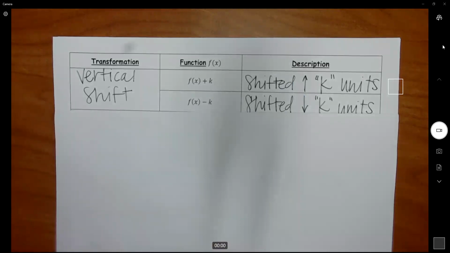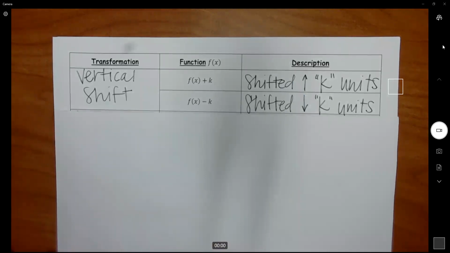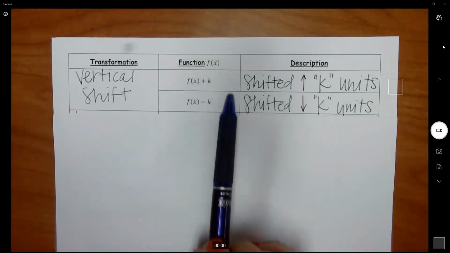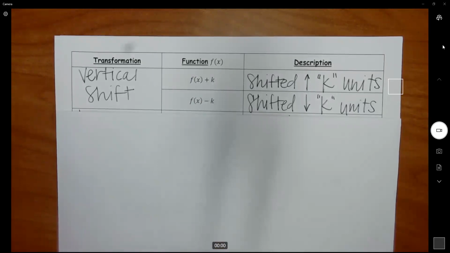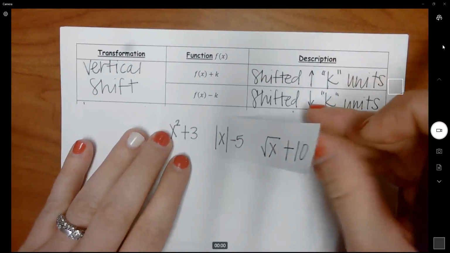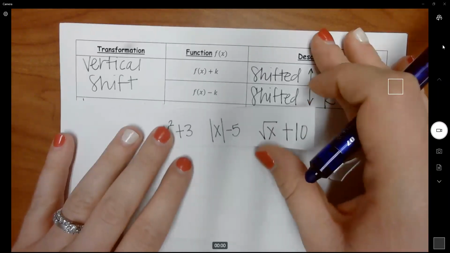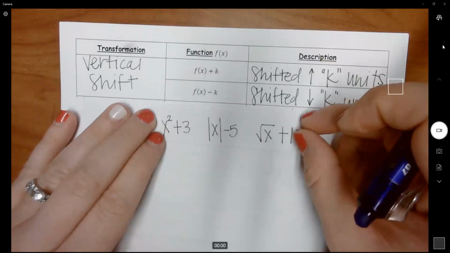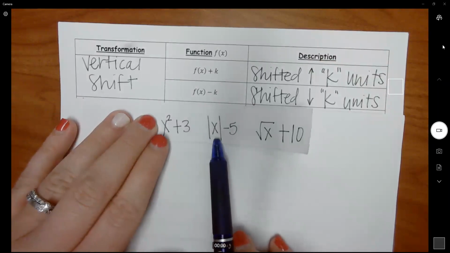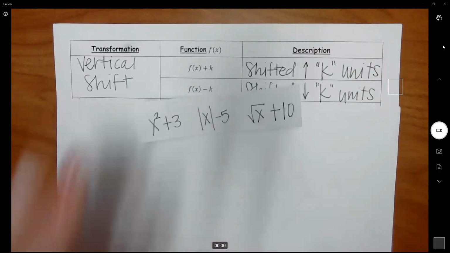So I've had some trouble, to be honest with you, just being transparent, explaining this lesson and what this is kind of referring to. So let me do some examples here. What I mean by the f of x plus k and minus k is this right here. Whatever that function is, so in this one we have an x squared function, in this we have an absolute value of x function, and here we have a square root function.